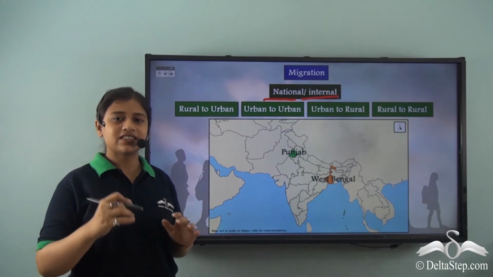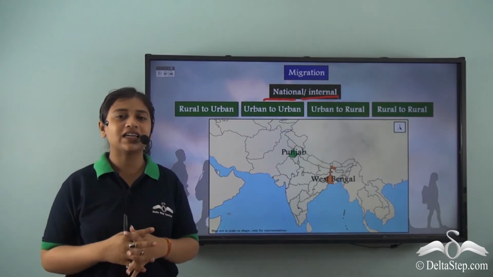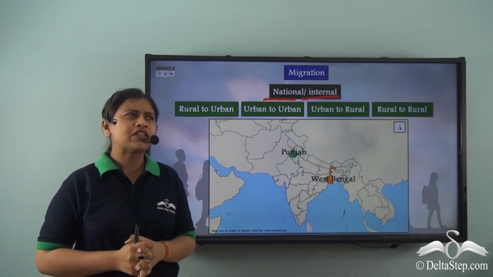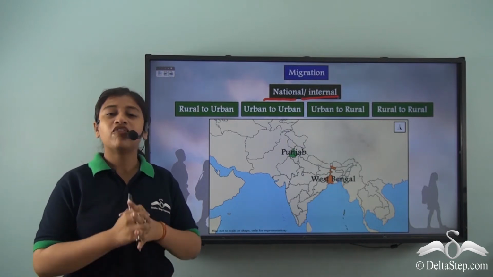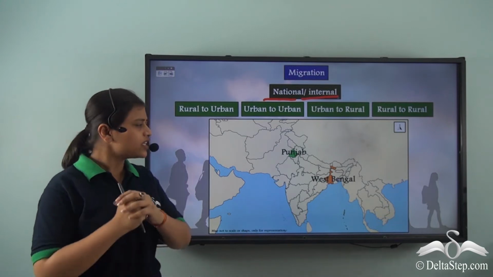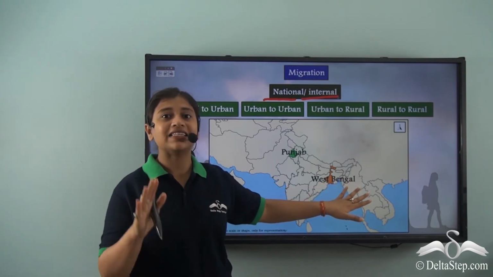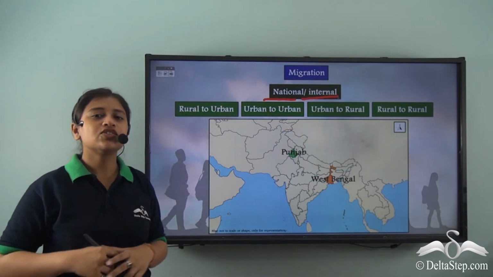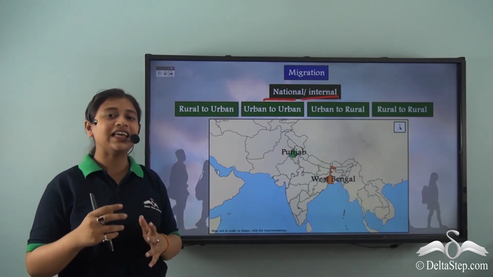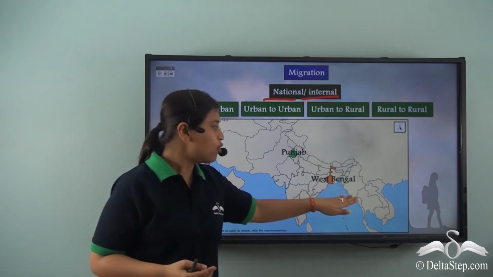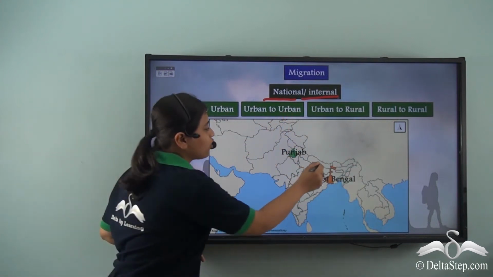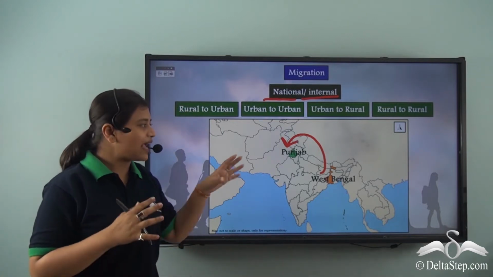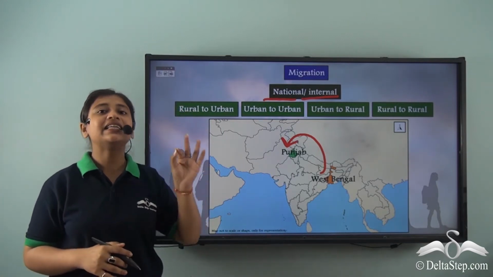Take for instance, Sachin is a school pass out and he wants to pursue his graduation in a subject, take for instance economics, for which the best college is not in West Bengal where he is currently living, but it is in Punjab. So to pursue his graduation, he will need to move out of West Bengal and go to Punjab, right? So this migration, as you can see, is internal.